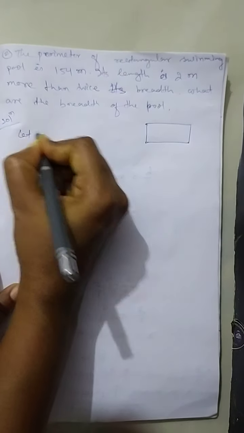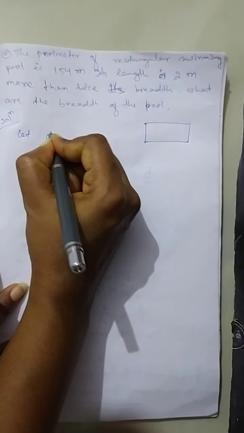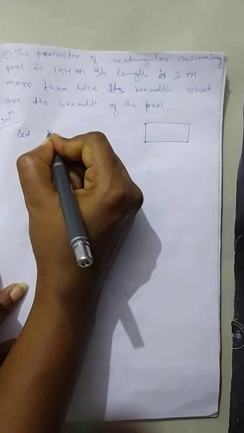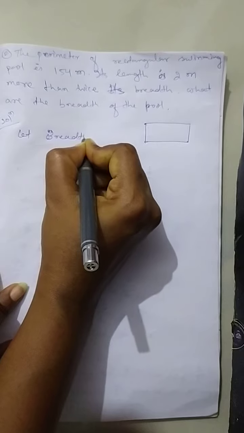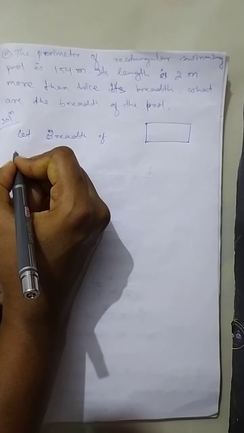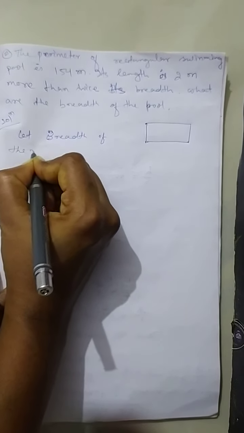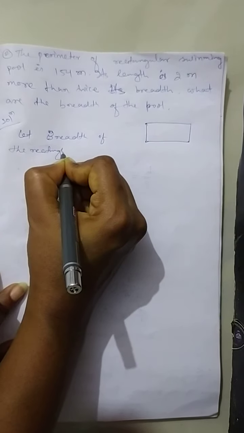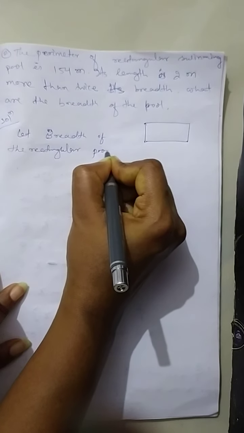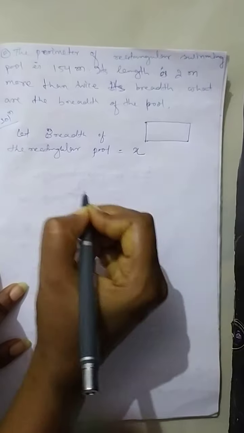Let the breadth of the rectangular pool be x meter.